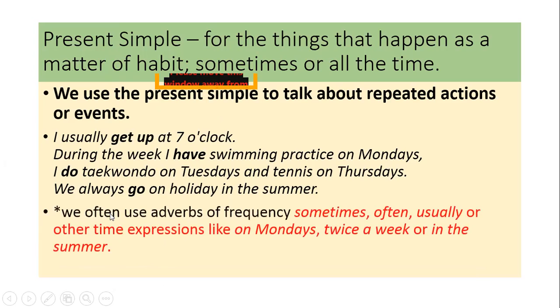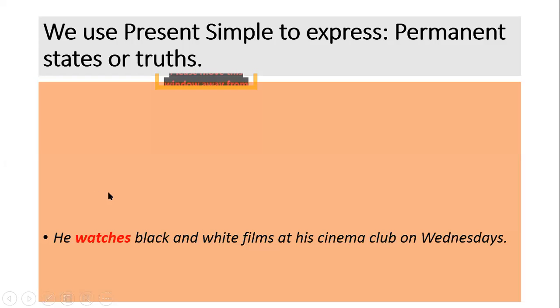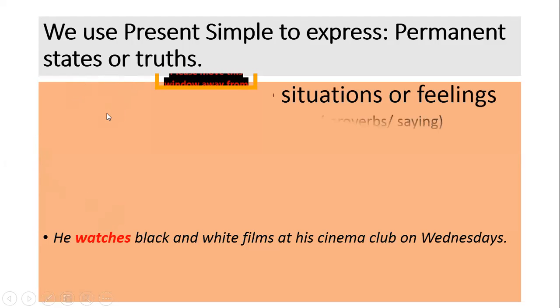While saying the same things in present simple, we often use adverbs of frequency like sometimes, often, usually, or other time expressions like Mondays, twice a week, or in December. And we also use present simple to express permanent states or truths.